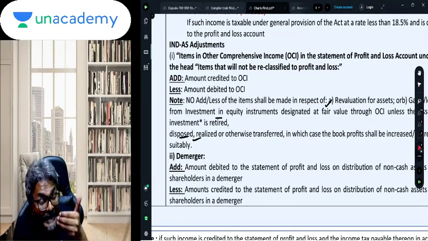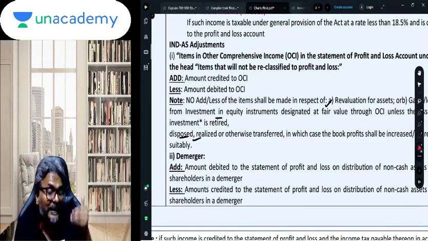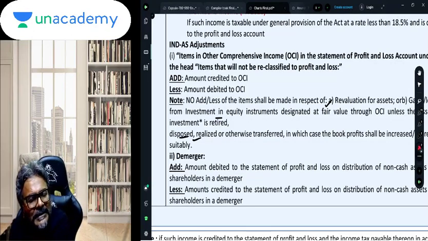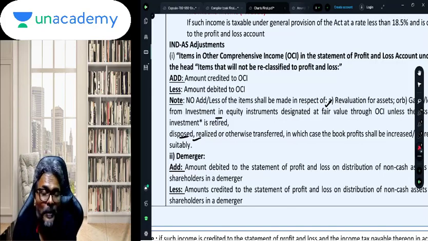But except for the following items. In respect of the following items, that particular adjustment of credit or debit, as the case may be, will not be made.